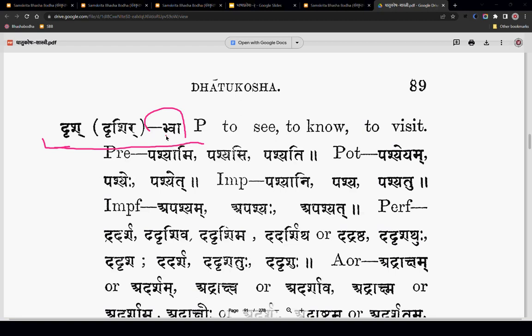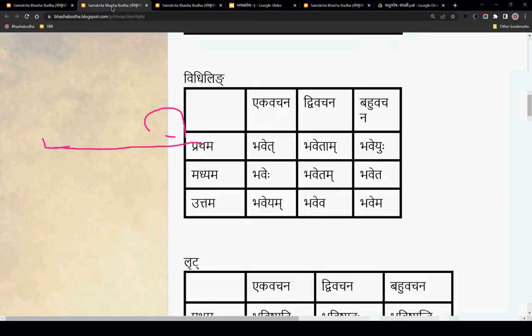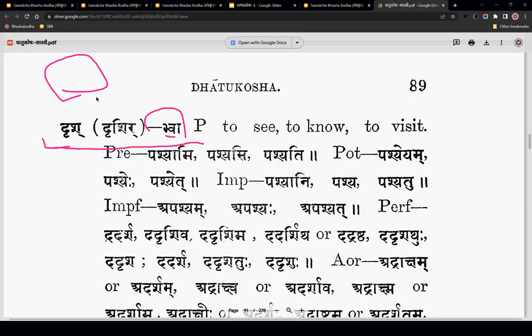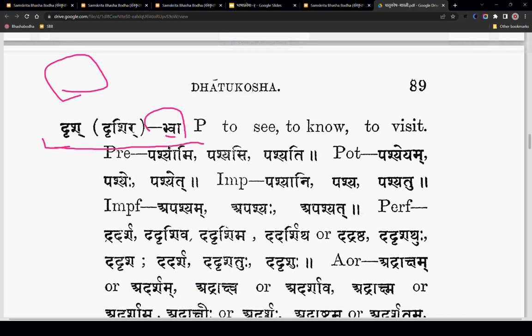So here it shows bhva, which means bhvadi gana, the first gana, right? Bhva means that first bhvadi. Until this, are we clear? Yeah, your screen froze.